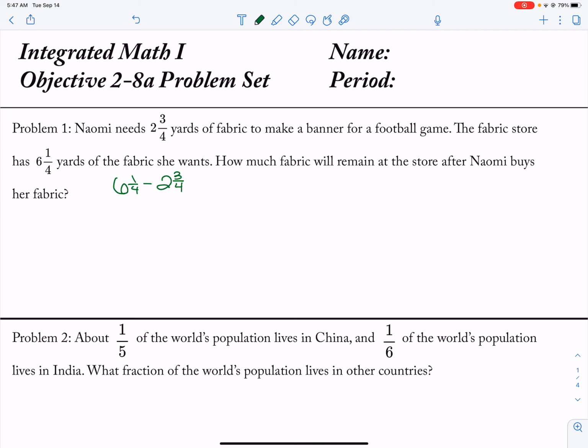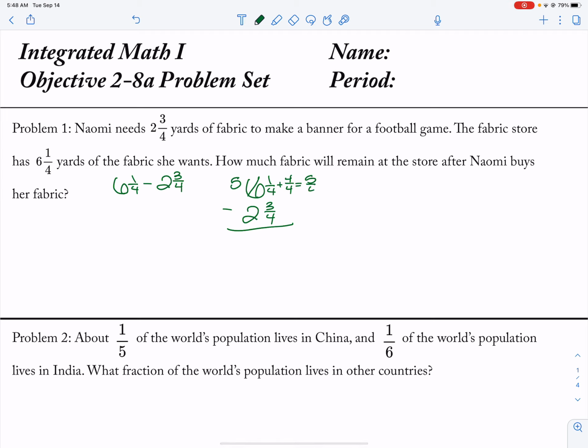So here it's going to be a little weird because technically you have 6 1/4 minus 2 3/4, and this 1/4 is smaller than 3/4. So you can't really subtract that fraction without borrowing 1. When you borrow 1, you reduce the 6 by 1, and then you're adding 4/4, which is the same thing as 1, to your 1/4.